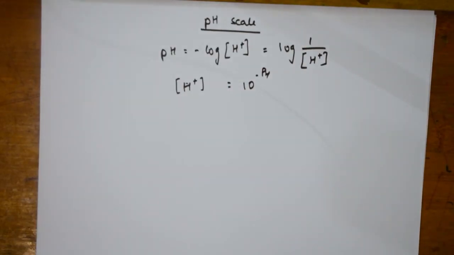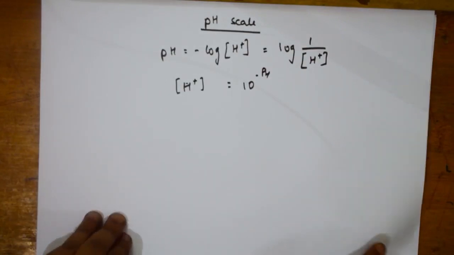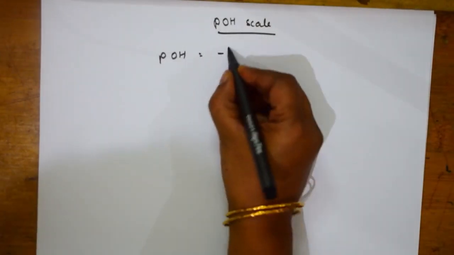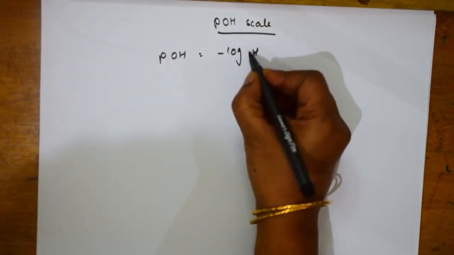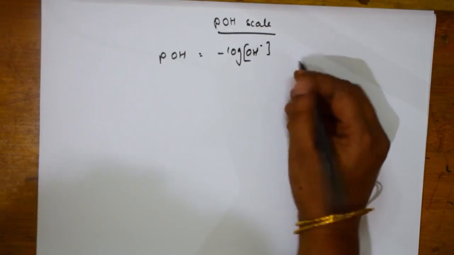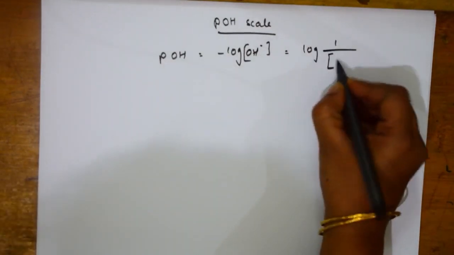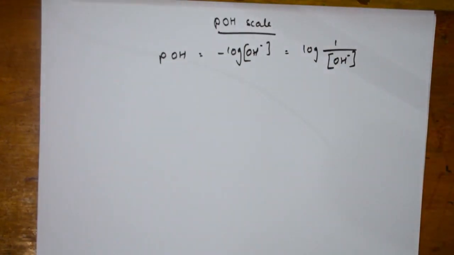Remember this concept. Now let me take the pOH concept. What is the formula? pOH is equal to negative log of OH minus concentration, which is log of 1 divided by OH minus.